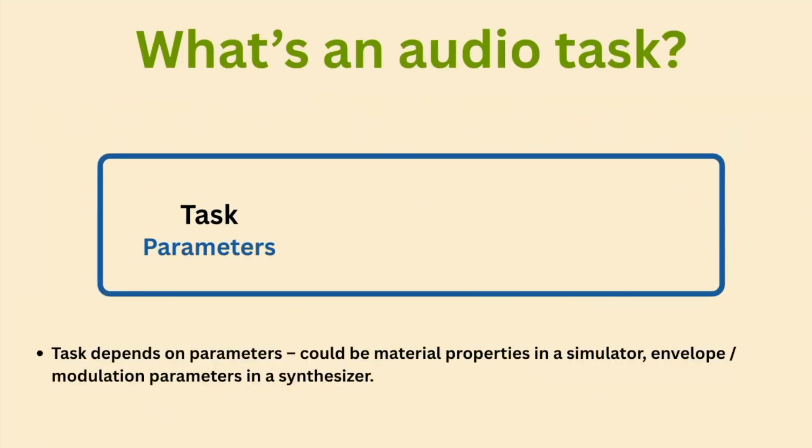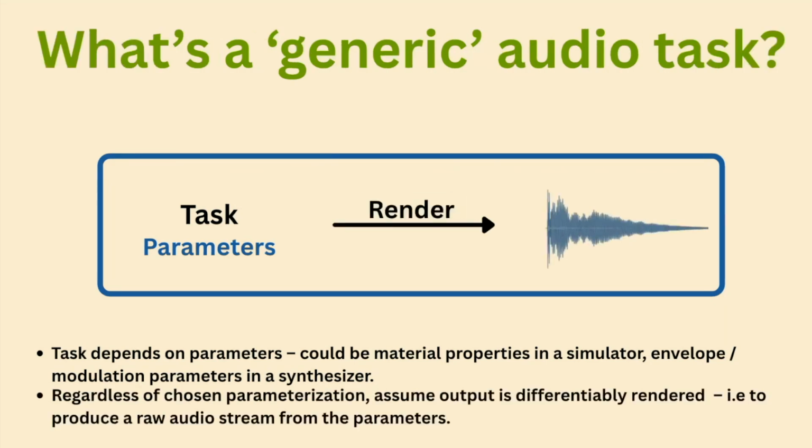So when I say audio task, really what I have in mind is some sort of task that depends on some parameters. And like I showed before, that could be some envelope or modulation parameters, or a synthesizer, like the DX7 on the last slide. Or it could just be some material properties in a simulator, or a few other things, as we'll see later. But the core idea here is that we have some task that depends on parameters. So it's a parametric function that takes those parameters and can be rendered to produce an audio output.